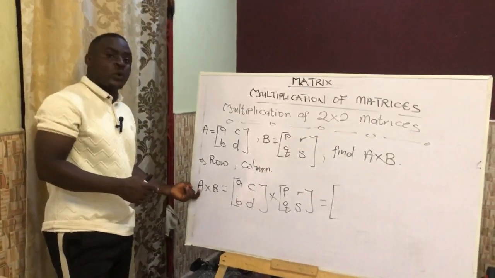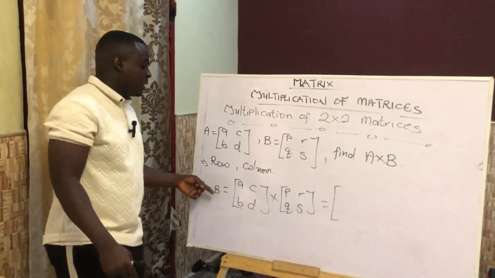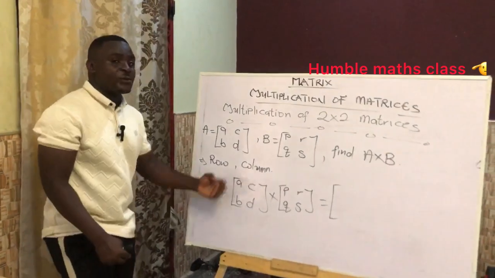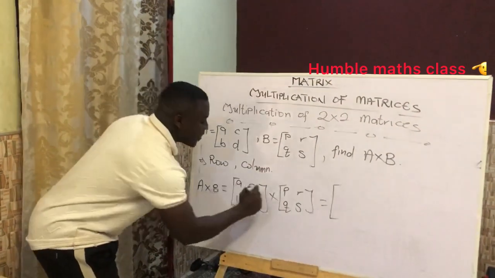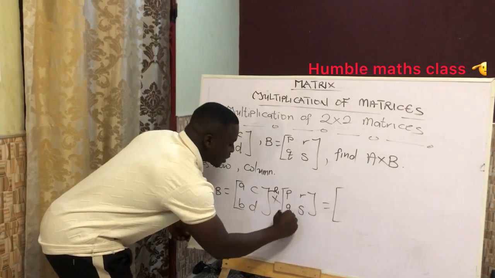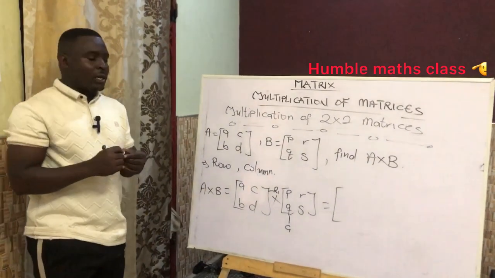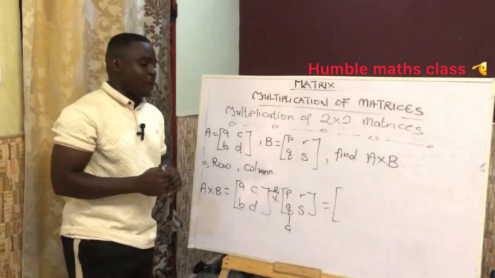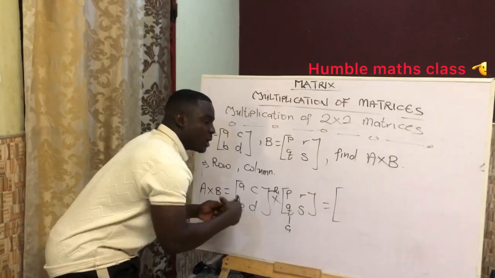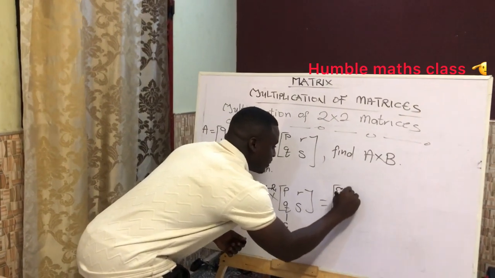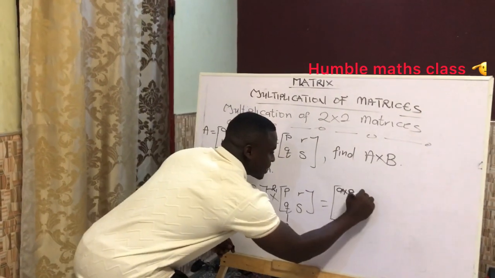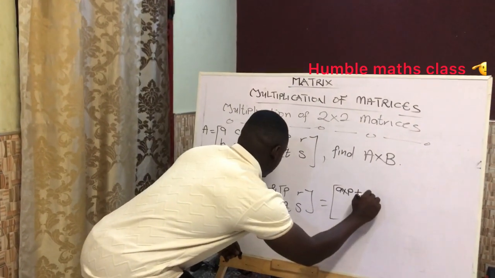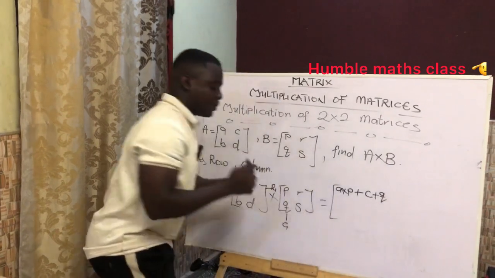So the first row in A multiplies the first column in B. So this is the first row in A, and this is the first column in B. So this multiplies P. So we're going to get A times P. And what separates them is plus. Plus this multiplies this. So we have C times Q.